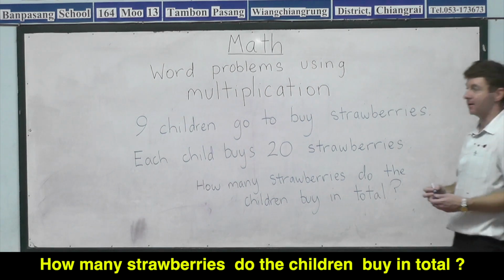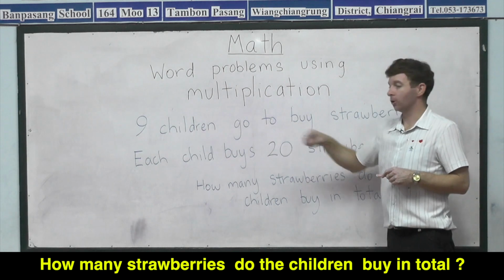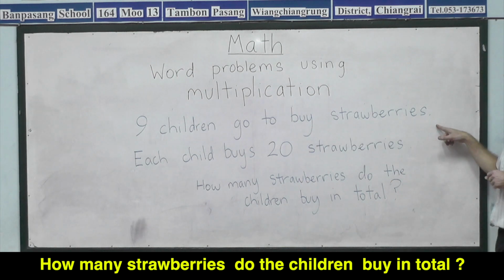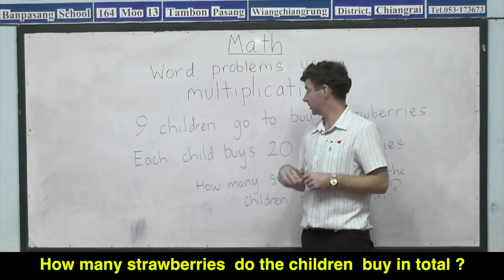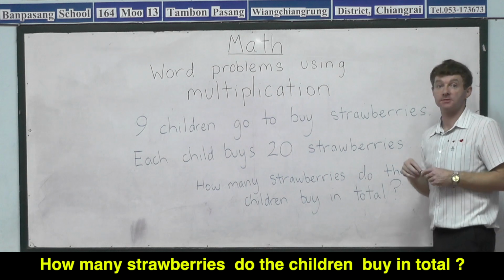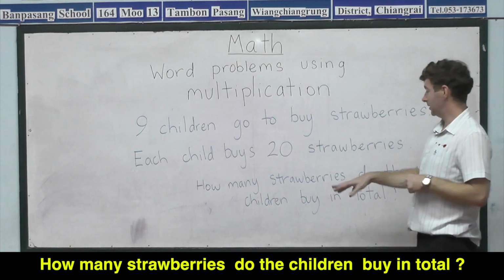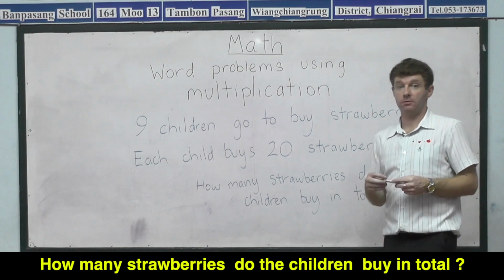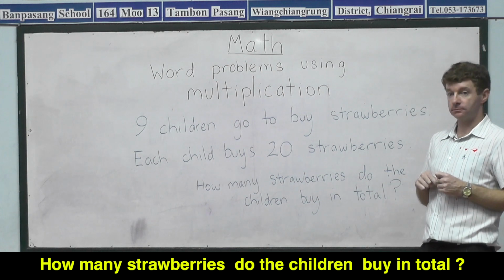So altogether, 9 children go to buy strawberries. Each child buys 20 strawberries. How many strawberries do the children buy in total?